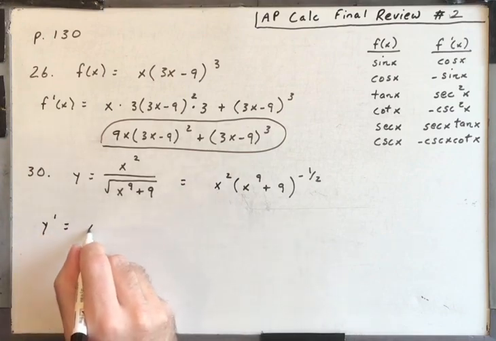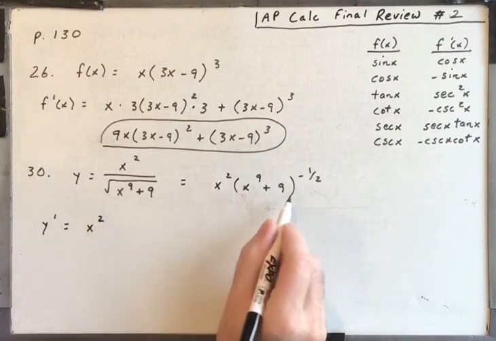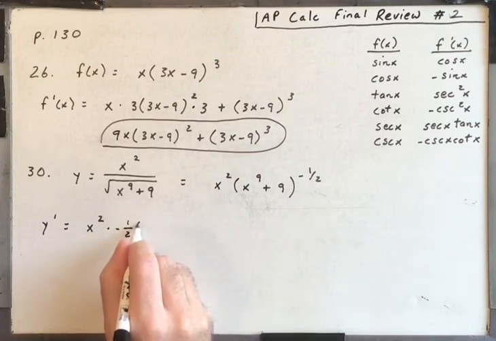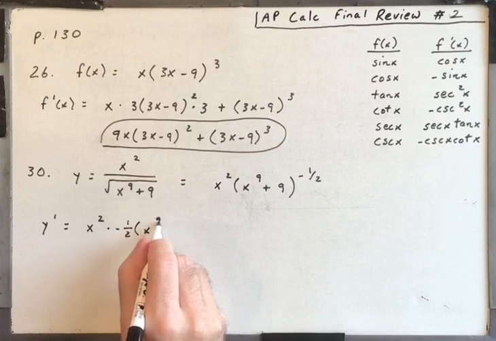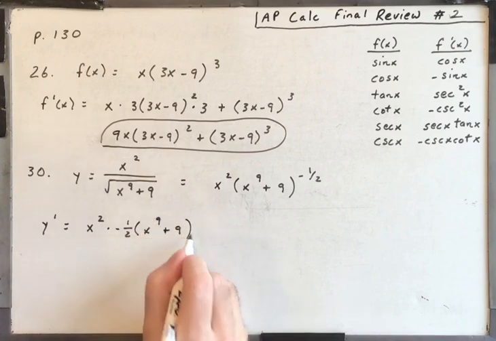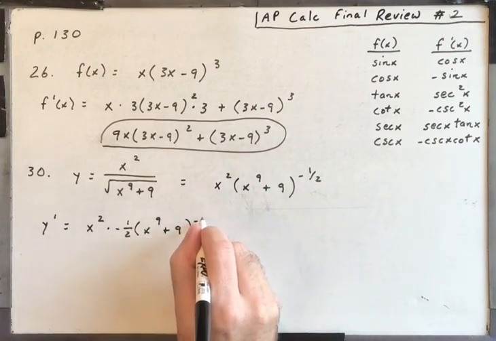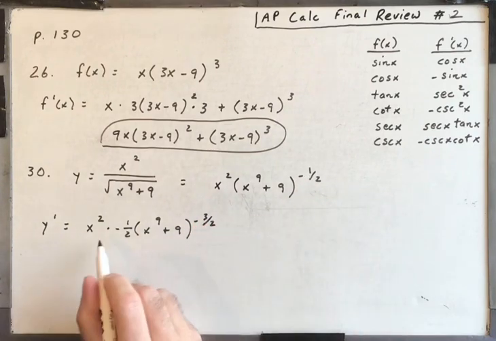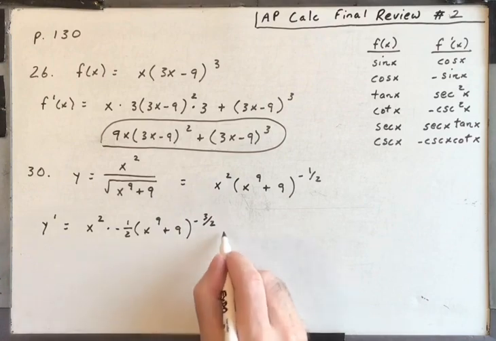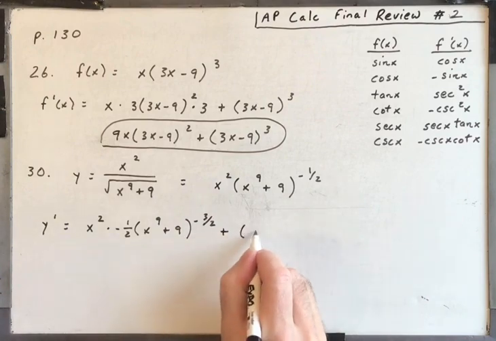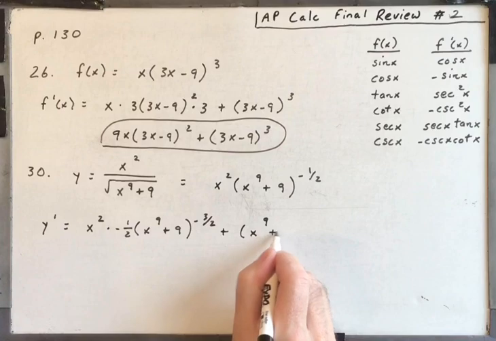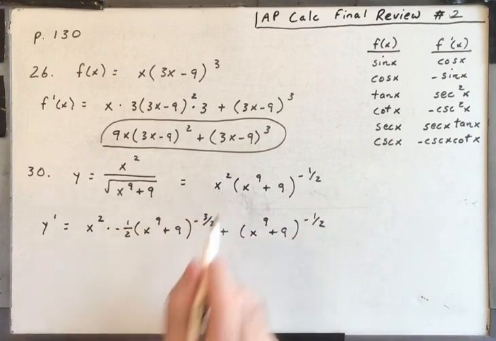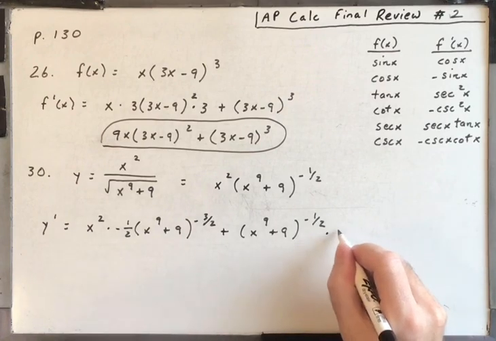The first, x squared, times the derivative of the second, negative 1/2, times (x to the 9th plus 9) to the negative 3/2. Subtract 1 from negative 1/2. First times the derivative of the second, plus the second, (x to the 9th plus 9) to the minus 1/2, times the derivative of the first, so times 2x.